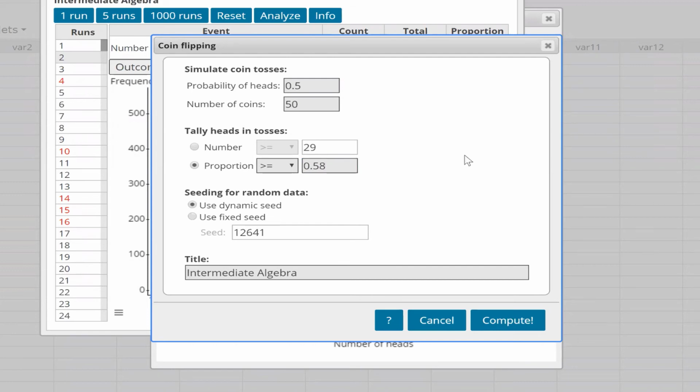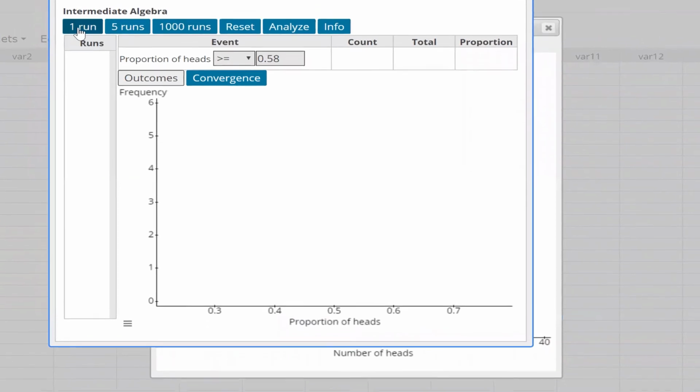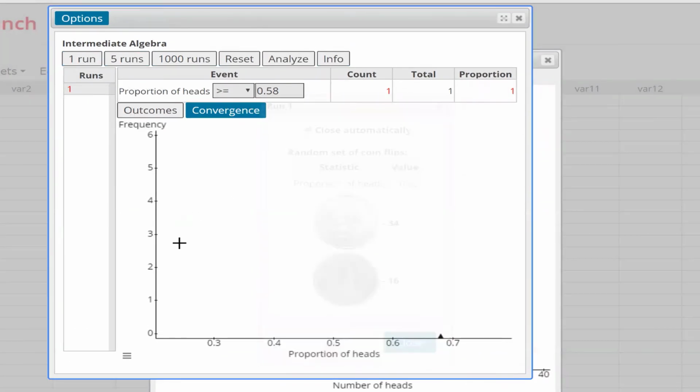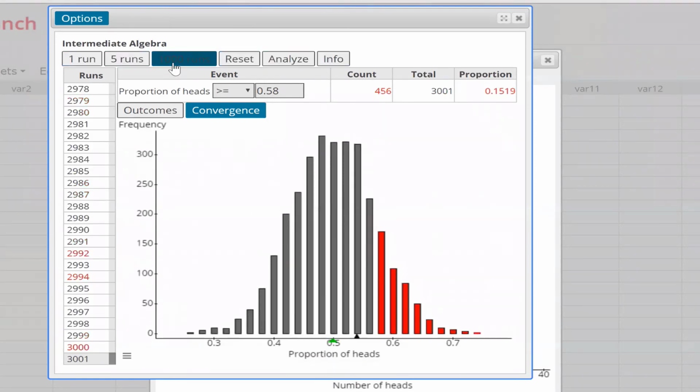That was our sample proportion. Now when I click one run, it still does heads and tails, but instead of recording the number of heads, it's recording the proportion of heads. That's the only difference. So I'm going to do this another 5,000 times.